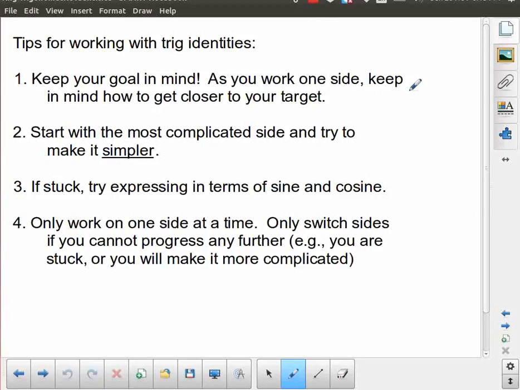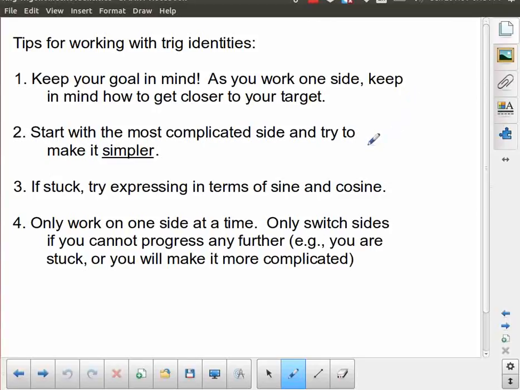Now, the first thing I want to advise you is to keep your goal in mind. When you are doing a trigonometric identity, you're going to be working on one side, the left side or the right side. But you need to keep referring back to the other side because you're trying to get from where you're standing to where you want to go, and you're going to need to make sure you're closing in on that target.